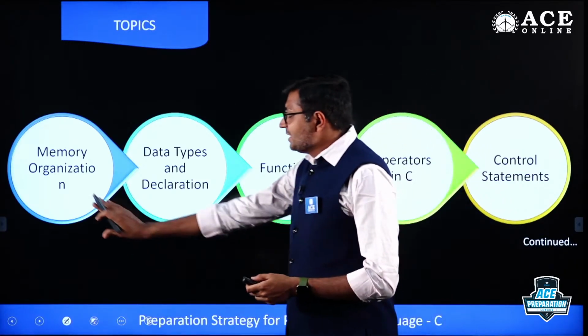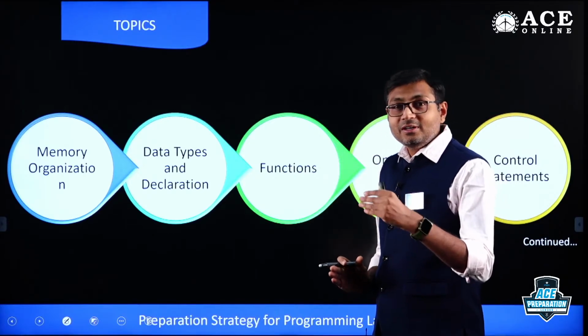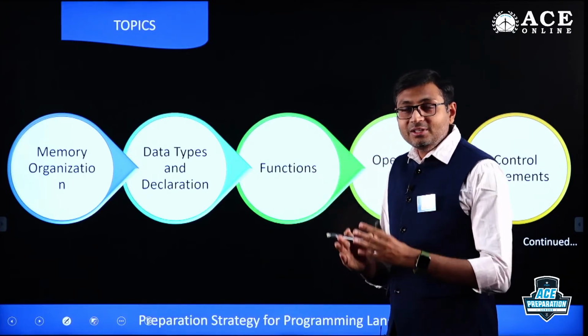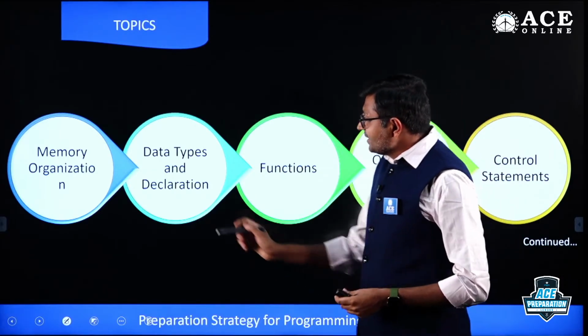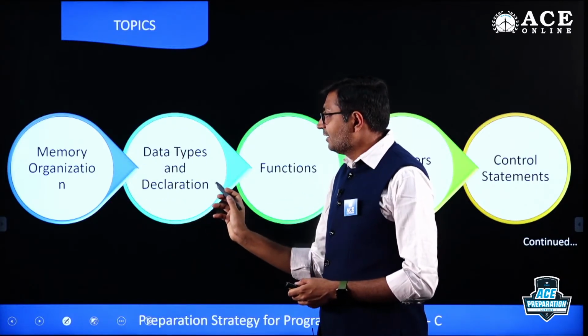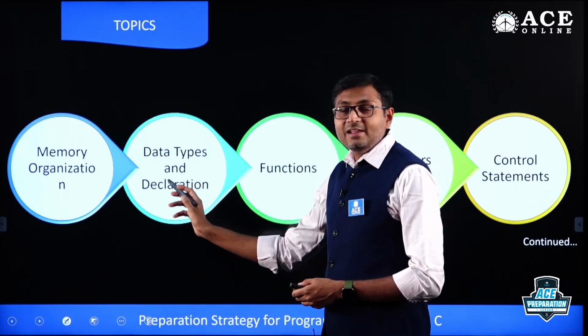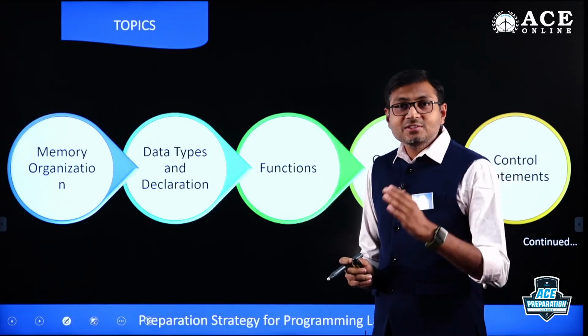So once you have that basic understanding of memory for the program under execution by the operating system, the first topic of C is the data types and the declaration of the variables. What are the different data types in C?